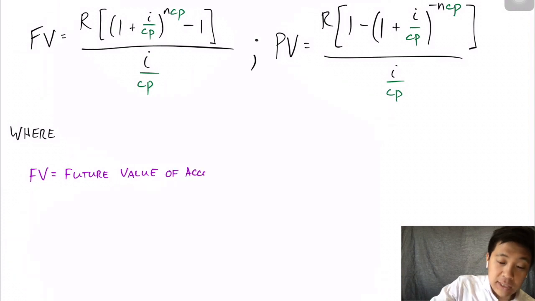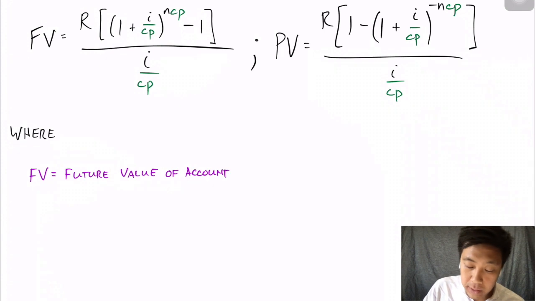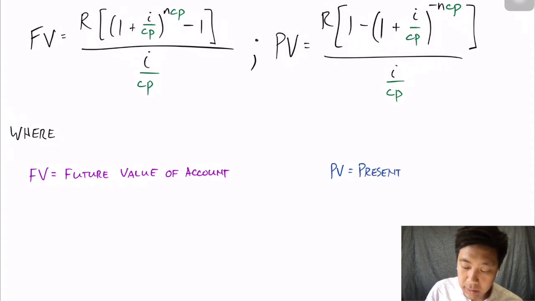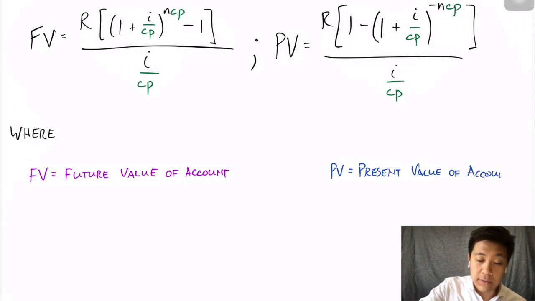What I'll do is I'll separate them by color here. PV is the present value of account. And then the rest of the other variables are the standard variables for compounding period.